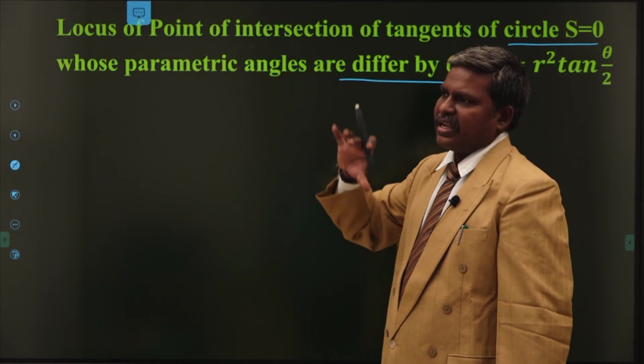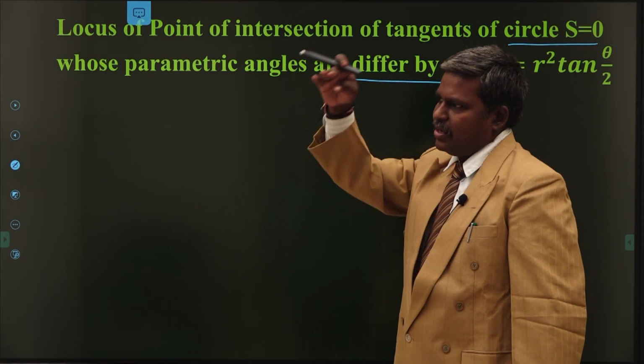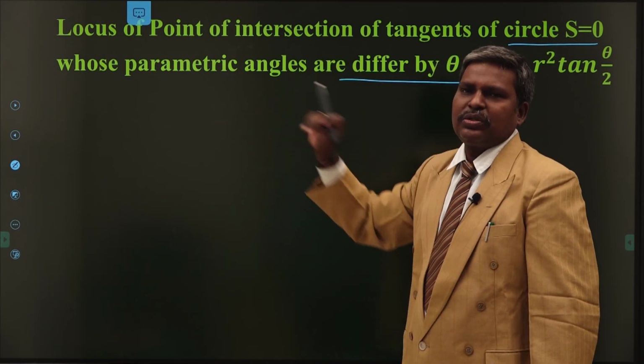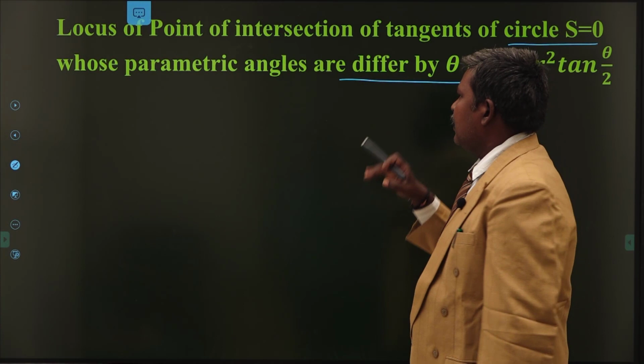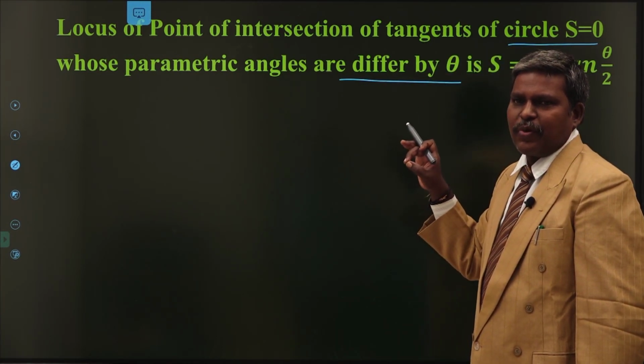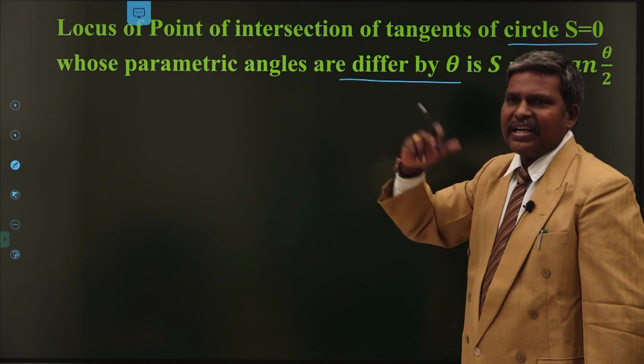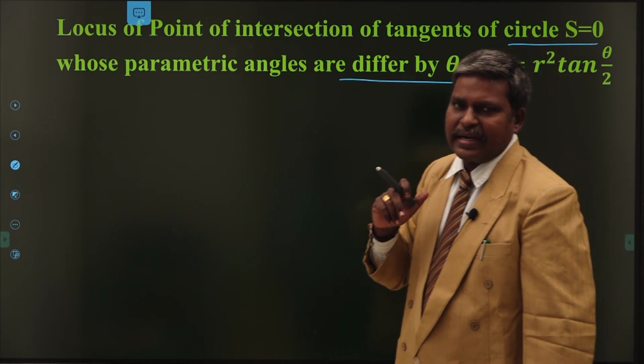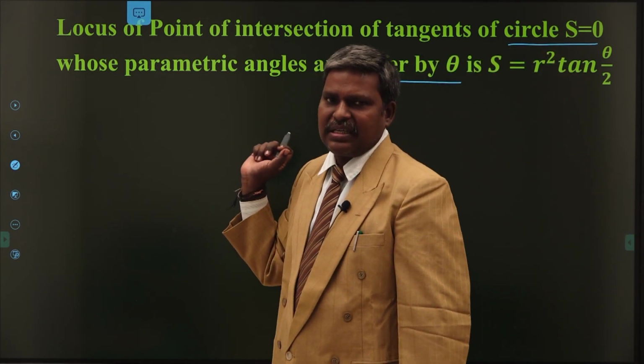We mean we are taking 2 points on the circumference of the circle. You can draw 2 tangents through those 2 points. They intersect at some point. You have to collect all such points when the parametric difference of those 2 points of contact is theta. That is the thing here.